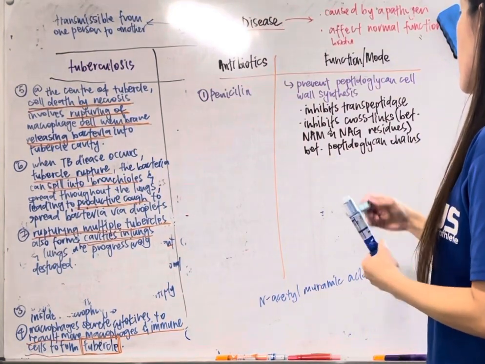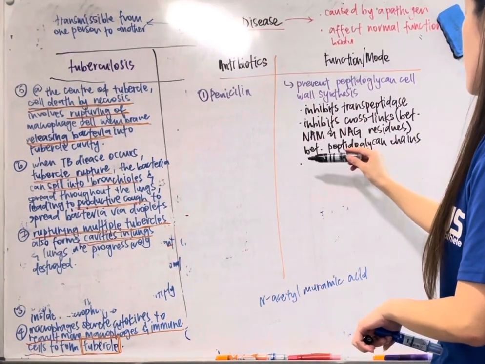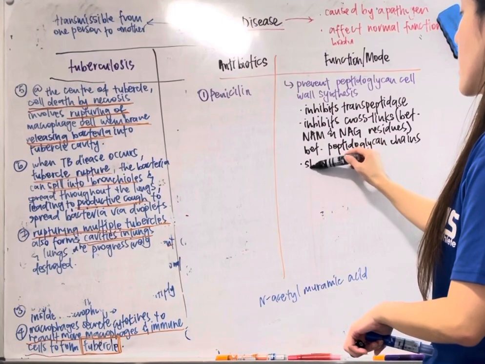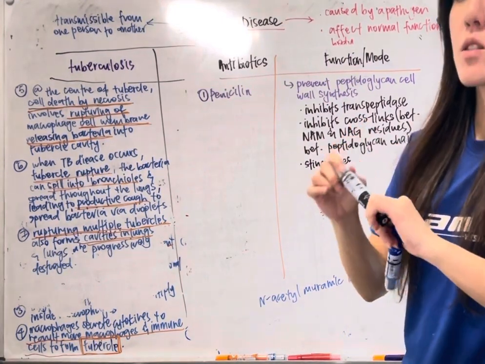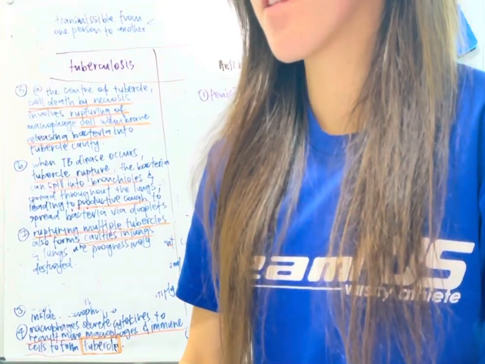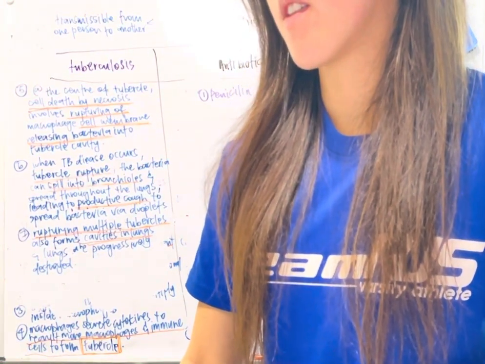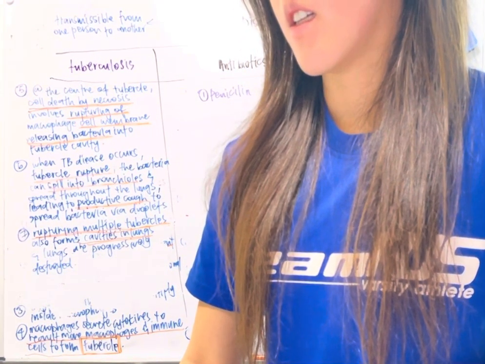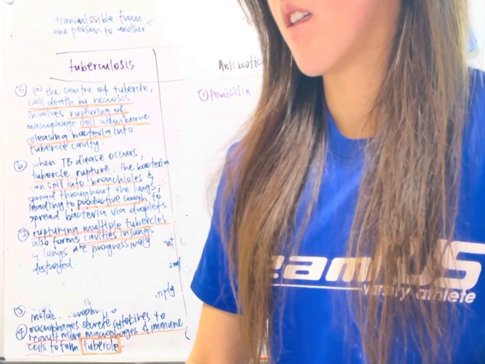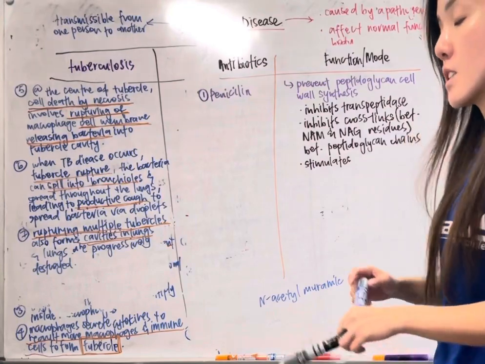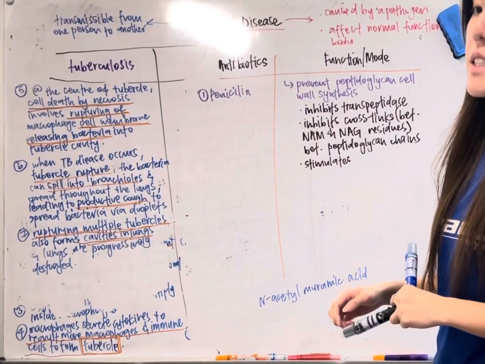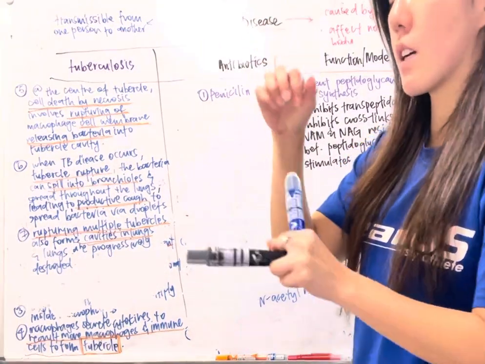Alright, so what does it actually do as well? It stimulates secretion of what? Hopefully you know what autolysins are. Here is the next role for penicillin: it stimulates release of autolysins, and autolysins are the ones that make small pores on the existing cell wall.